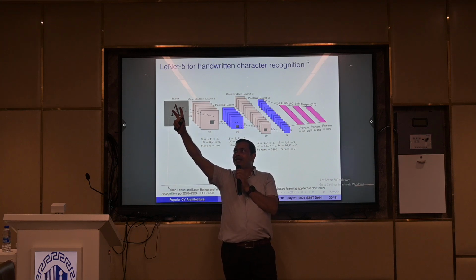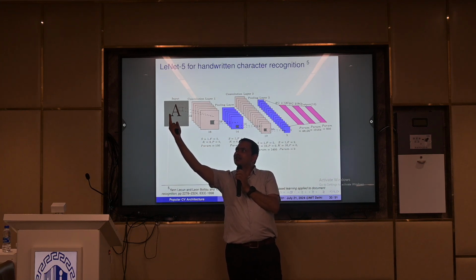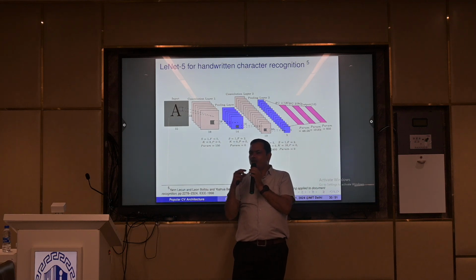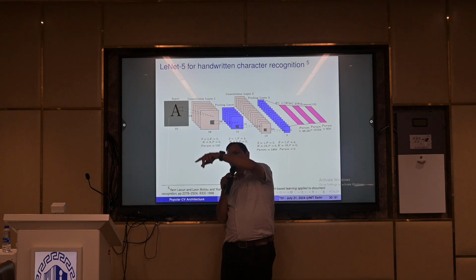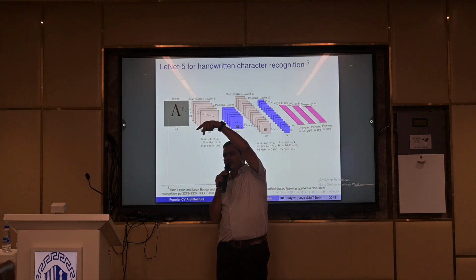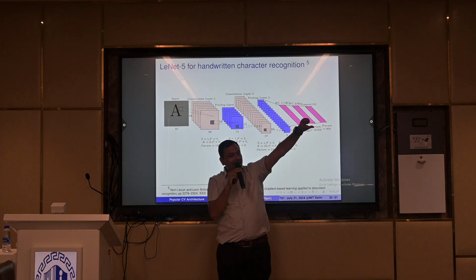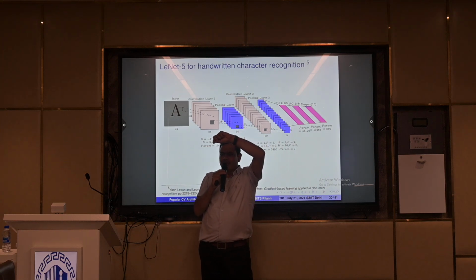But I can get a second value: I shift it one pixel and again take 9 values, where 6 values were already present in the previous one. So with them I can create one more value. How many values can I create? I can start from here, but I cannot go till the end. Before the end, I would be stopping.